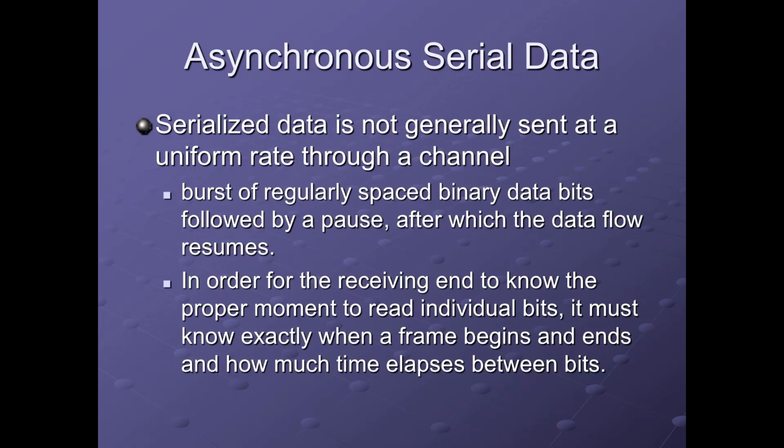In the synchronous system, it's a uniform rate, and it's all being sampled using the clock signal. But in the asynchronous, there's bursts of data, and then pauses, and bursts and pauses. So in order for the receiving end to know when to read the bits coming in, it's got to know when something called the asynchronous data frame begins and when it ends. And this is all determined by its asynchronous formatting or configuration and the synchronization bits that are right in the data frame signal.